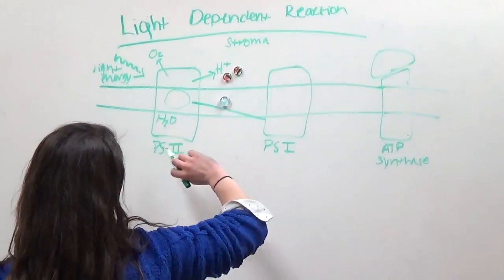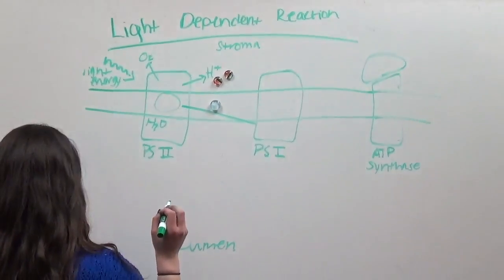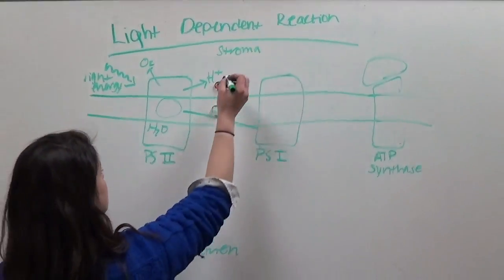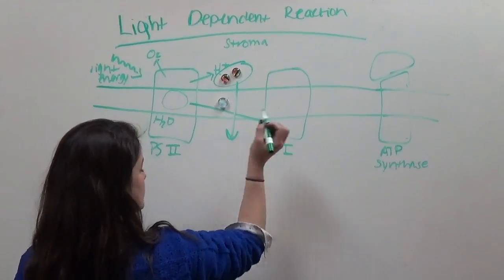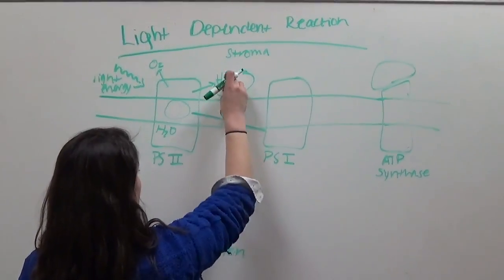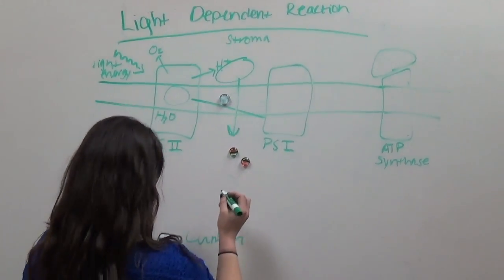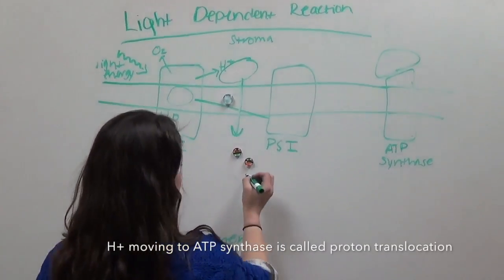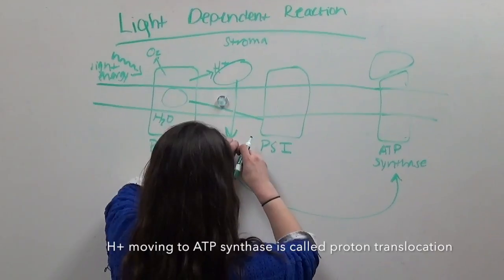So the electron is losing energy, and that energy is being released, and it is pumping the hydrogen into the lumen. Now we'll get to photosystem 1 in a second.